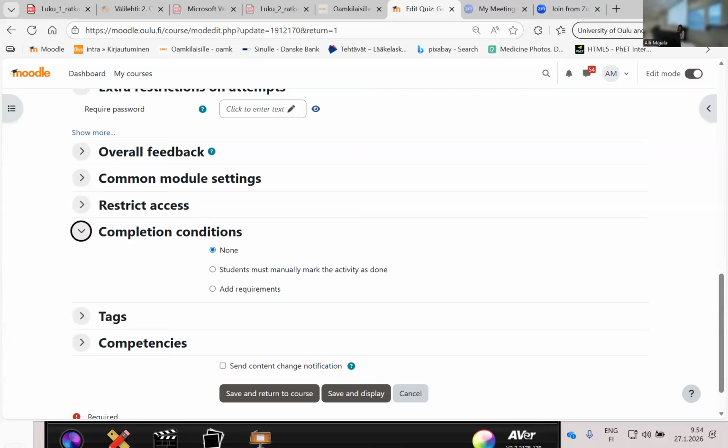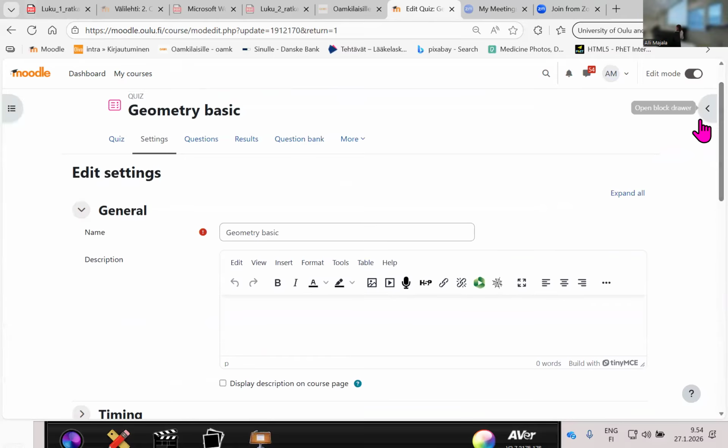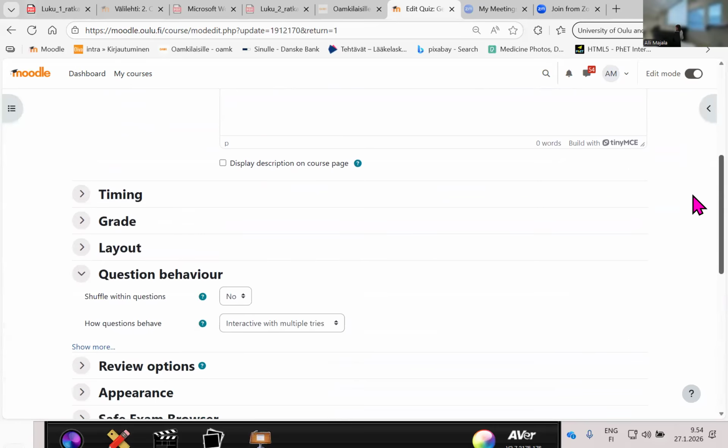Okay, let's try this. Now it at least has the same settings that I could find from this. Can there be some other kinds of settings? How do I know that? Layout, grade. Grade?